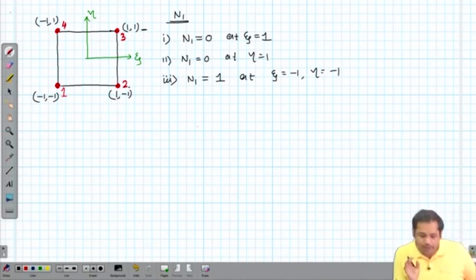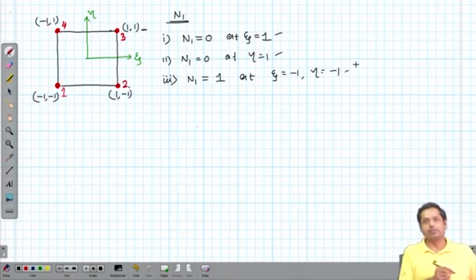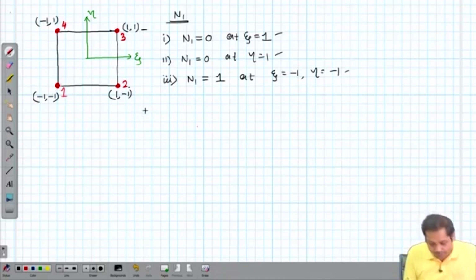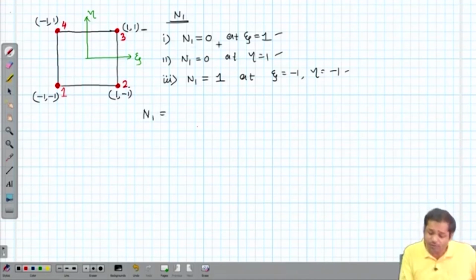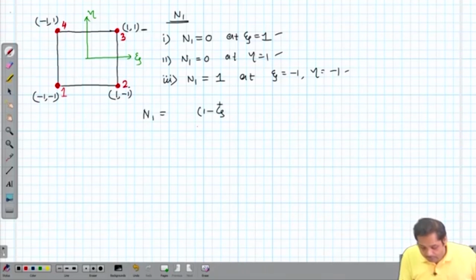Now by just looking at it, this condition is to be satisfied, this condition is to be satisfied, and this condition is to be satisfied. Let us assume an expression for N1. Since N1 should be equal to 0 at xi equal to 1, the expression of N1 must contain a (1 minus xi) term.